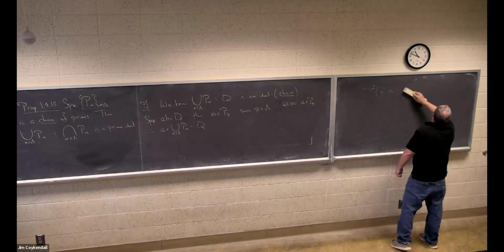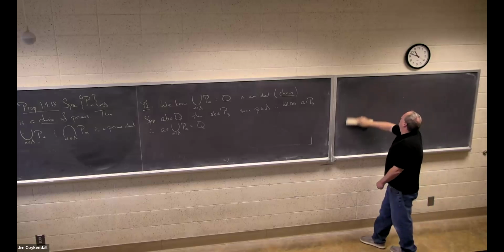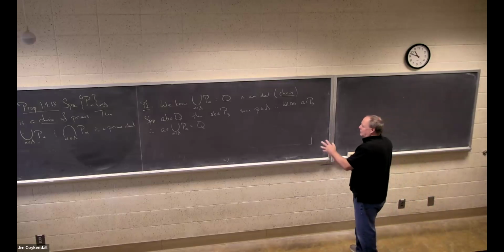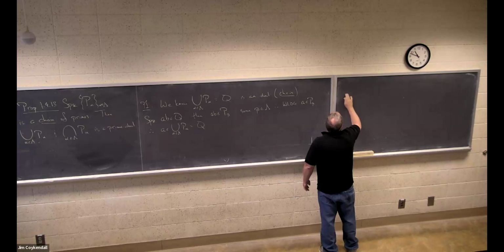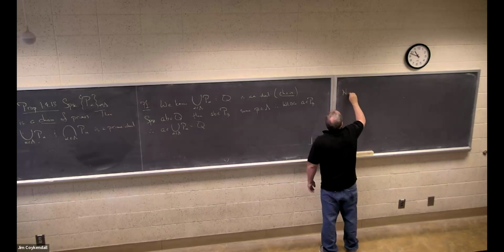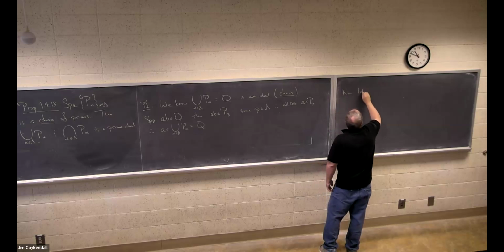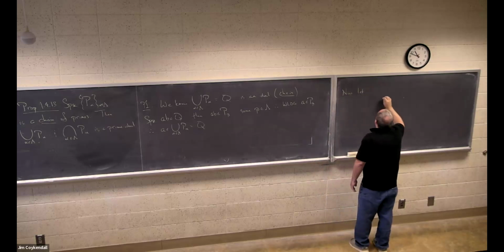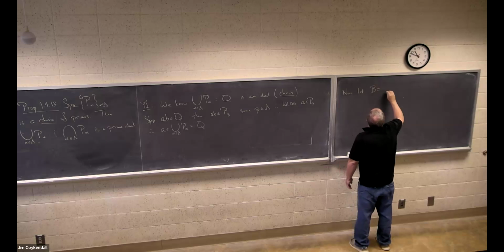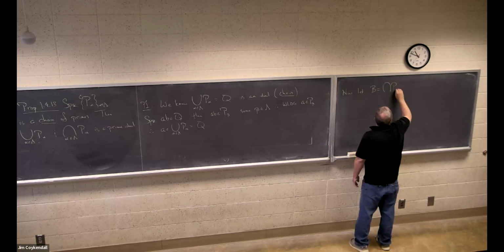The intersection: there's nothing to remark on about it being an ideal, because an intersection of any collection of ideals is an ideal. But this one's a little bit more to it. Now let B equal the intersection.